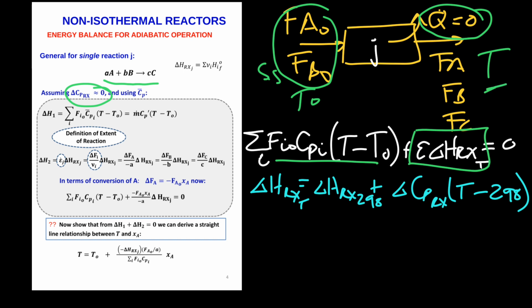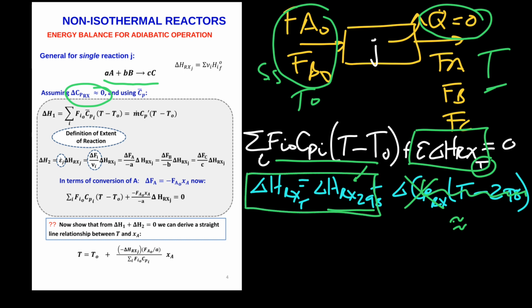Of course, I need the heat of reaction at that outlet temperature, but if my del Cp reaction is very small compared to my del H reaction, I can neglect that term, and therefore I can just use the del H reaction at any temperature where I have it available, because I assume that it's relatively independent of changes in temperature.